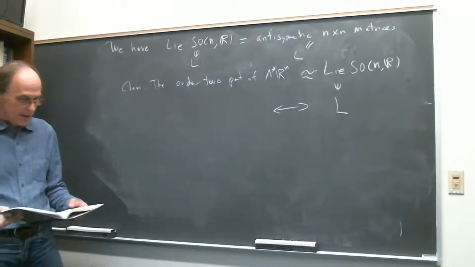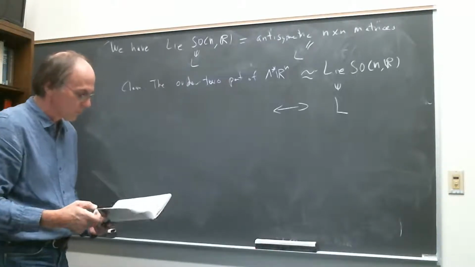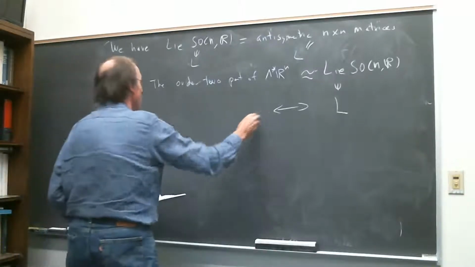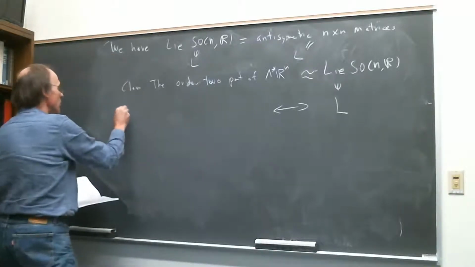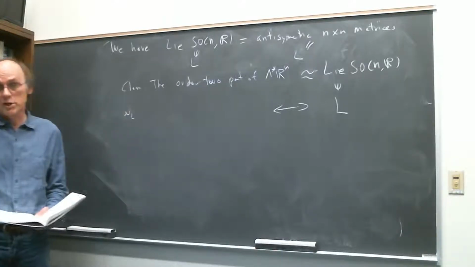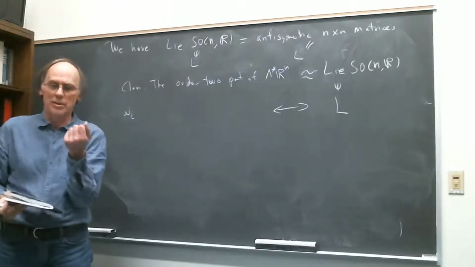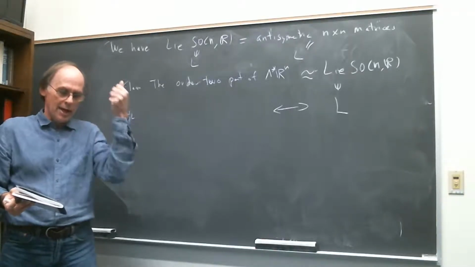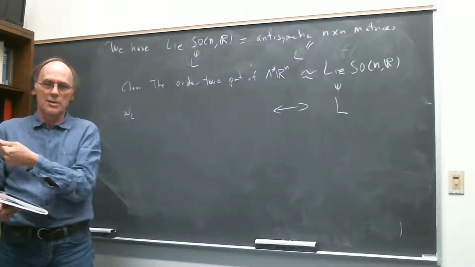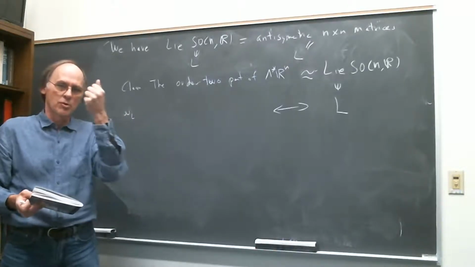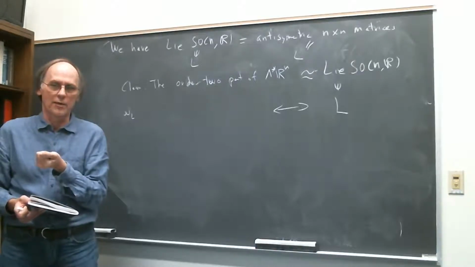And the claim is that this is something I'll call mu sub L, because it's really the fermionic version of a moment map. Remember, the moment map in the bosonic case took Lie algebra elements to functions on phase space, an element of the Lie algebra of the symplectic group to a quadratic polynomial on phase space.